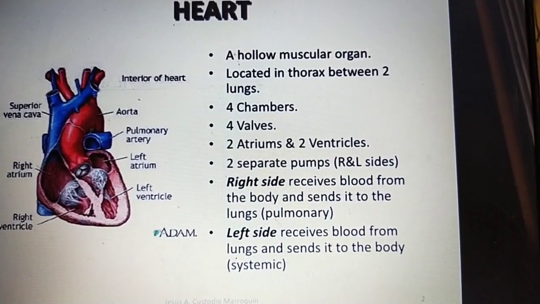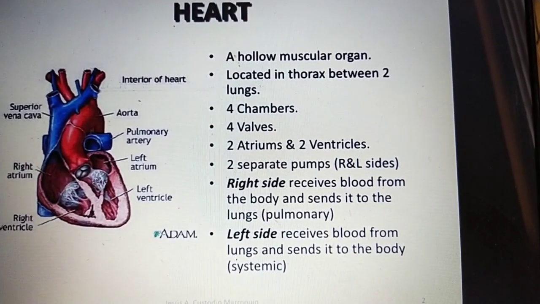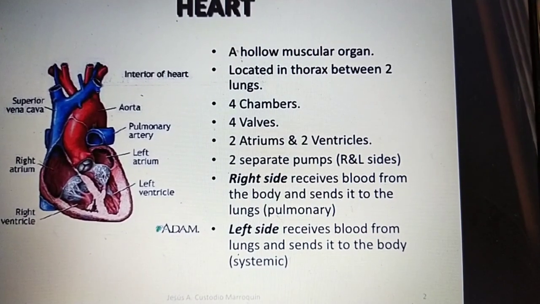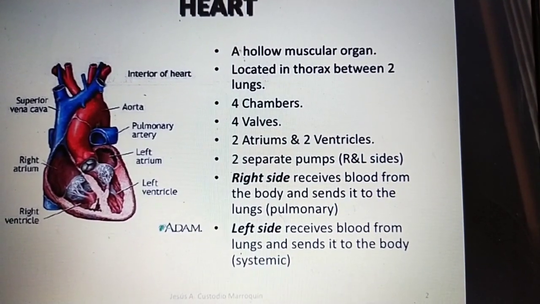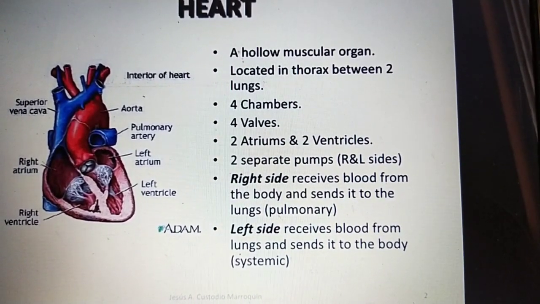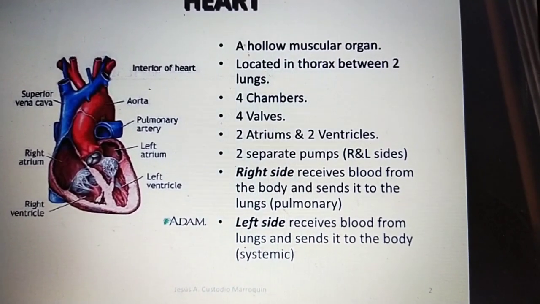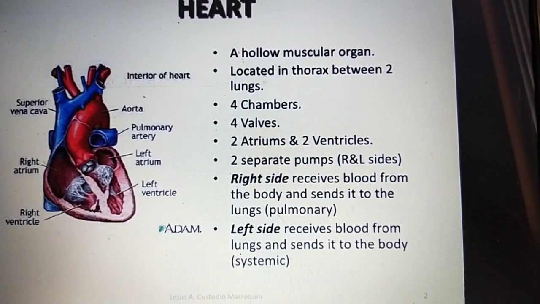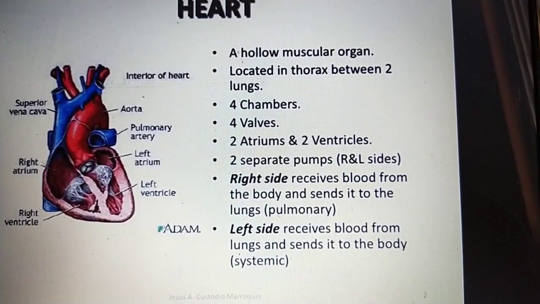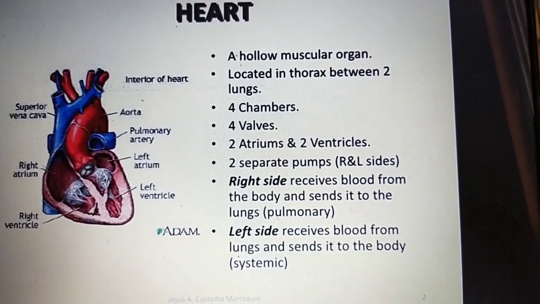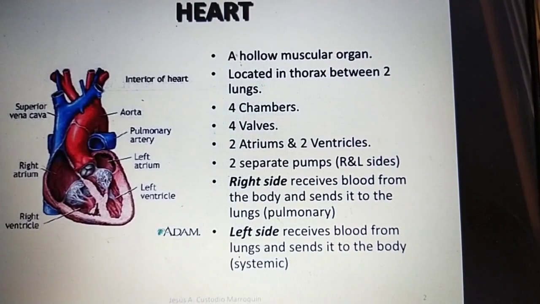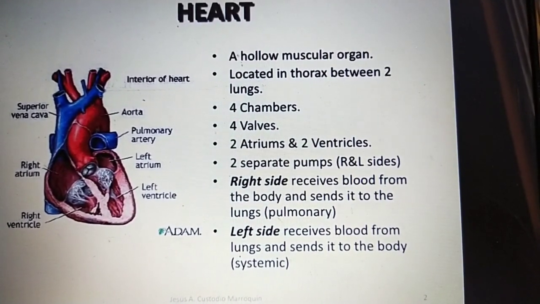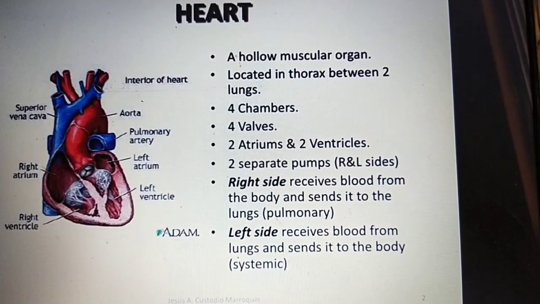There are two different circulations: one is the pulmonary circulation, another one is the systemic circulation. The right side pump pumps to the pulmonary circulation, and the left side pumps to the systemic circulation, or the whole body except the lung.